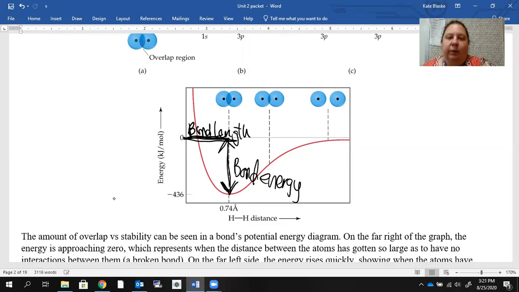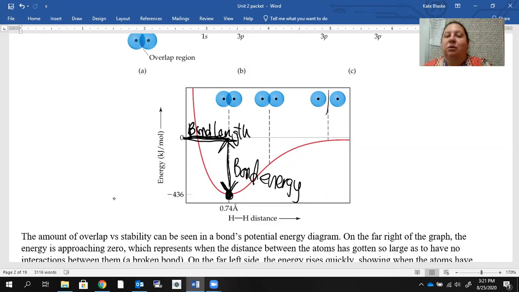So there is a sort of sweet spot or Goldilocks spot when two atoms are coming near each other, where we maximize the amount of stability in terms of energy. If they move too far apart, we're actually going to break those atoms apart and have no attraction between them at all.